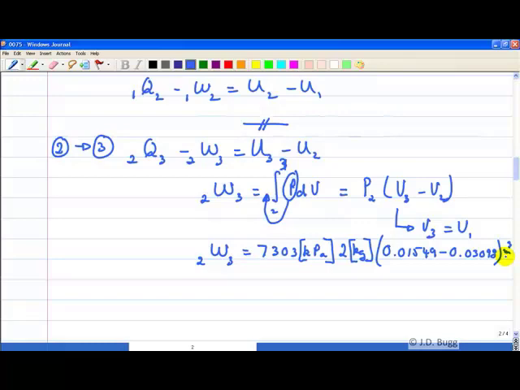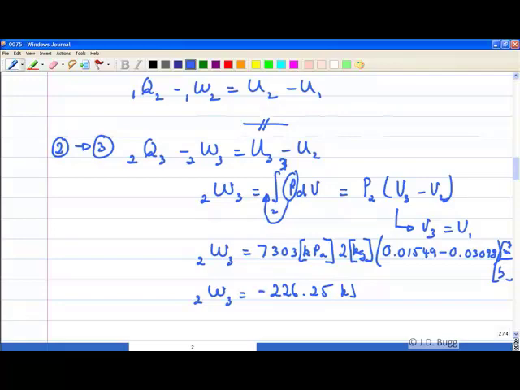And those are both meters cubed per kilogram. And if we work that out, we get negative 226.25 kilojoules. And this makes sense that it's negative because we're moving from right to left on the PV diagram.